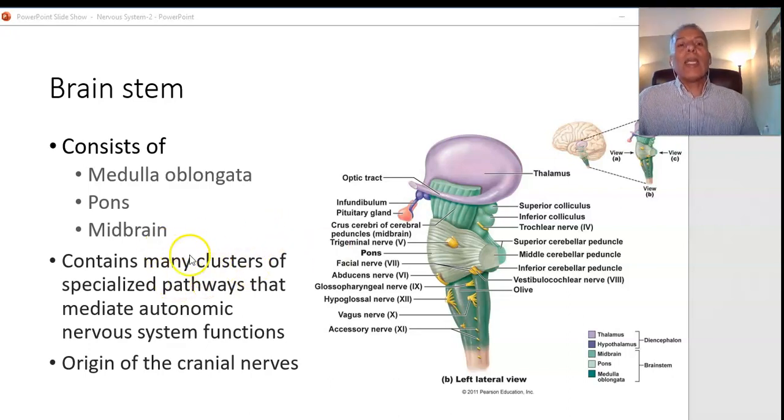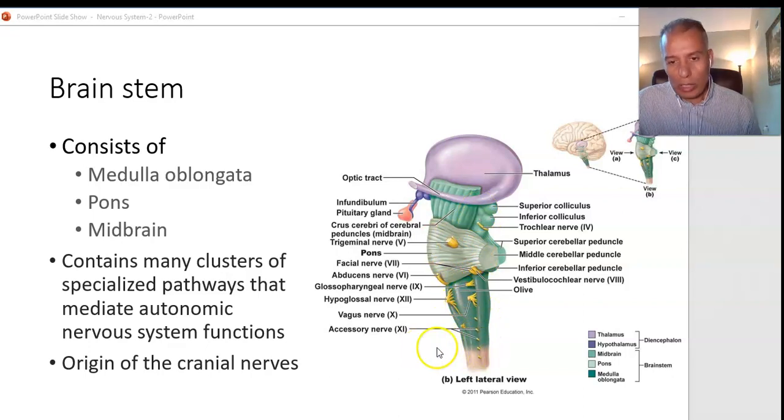So it contains, in addition to these areas, many clusters of pathways specialized in different autonomic functions, mostly autonomic and reflexes. And it also gives origin to 12 cranial nerves.